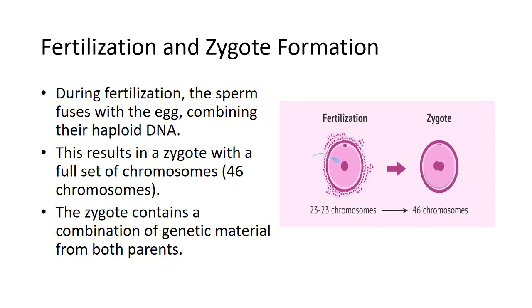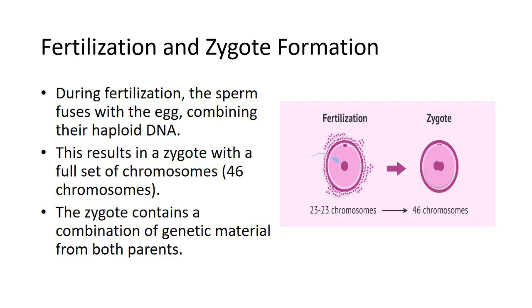Third, fertilization. Fusion of sperm and egg. Fertilization is the process by which the sperm's nucleus fuses with the egg's nucleus. This combination restores the diploid chromosome number, 46 chromosomes. In the zygote, 23 chromosomes from the sperm and 23 chromosomes from the egg.